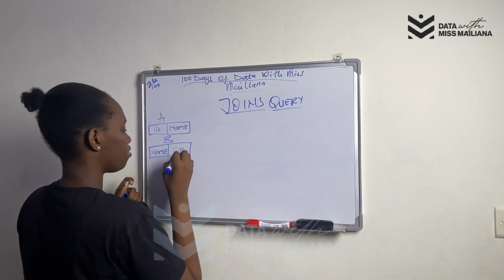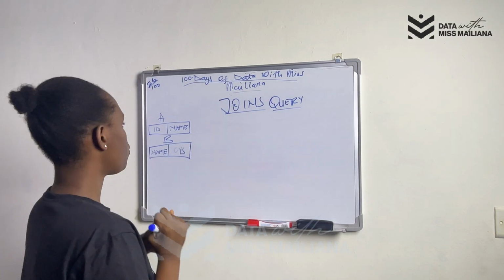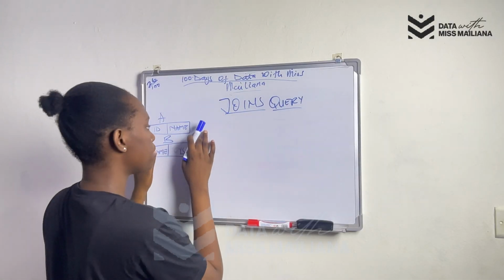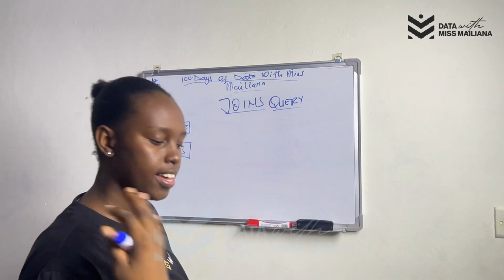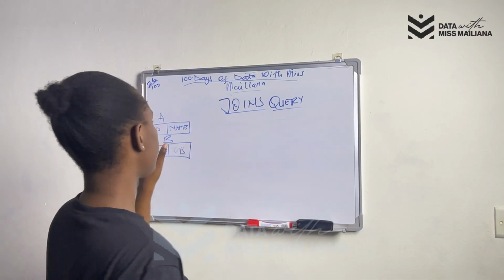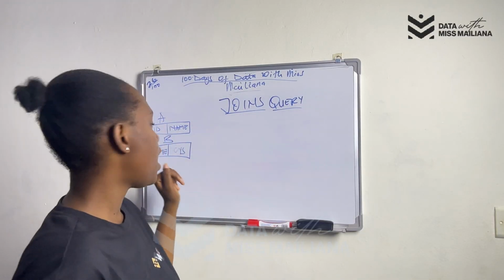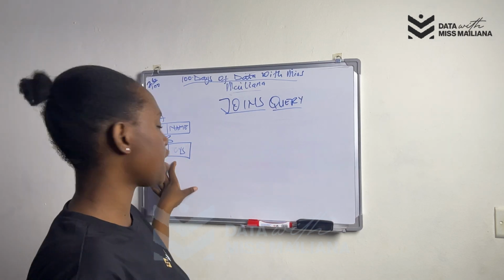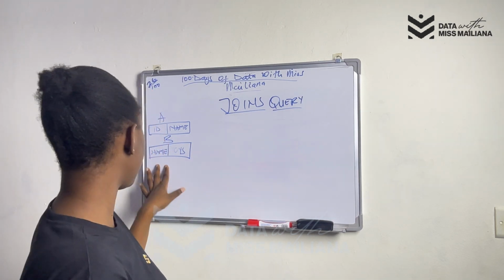So every student has their ID and name. Let's say a nursery class. They have their ID and name, and then we have table B.